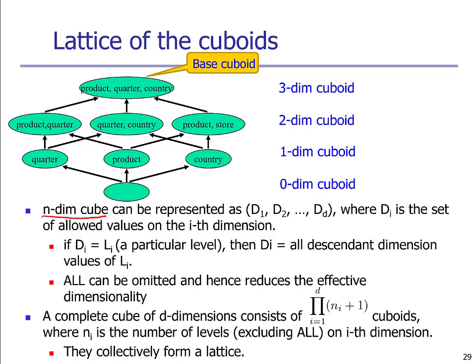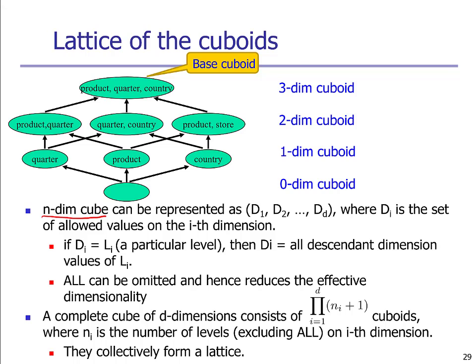The definition of this n-dimensional cube is that, first of all, say there are in total n dimensions in this data warehouse. When we model the data, there are in total n dimensions.